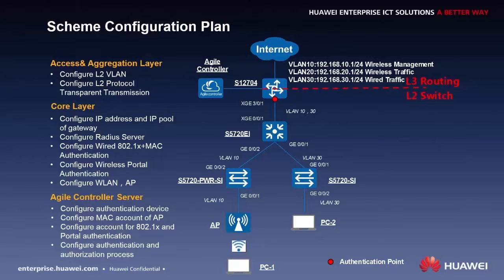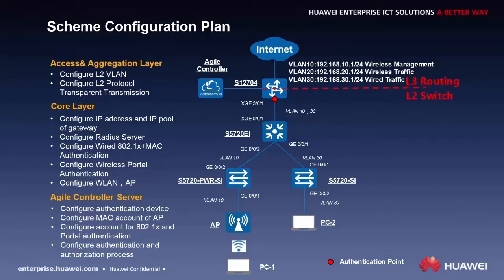For the core S12704 switch, we assign three network segments. VLAN 10 is used for wireless management, VLAN 20 for wireless traffic forwarding, and VLAN 30 for wired traffic forwarding. In terms of the configuration roadmap, we configure devices from the bottom.